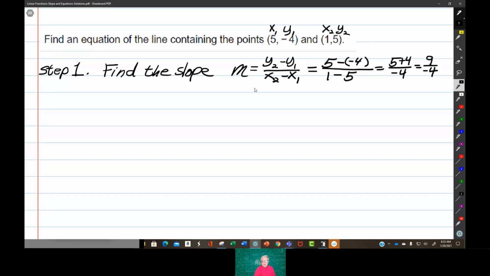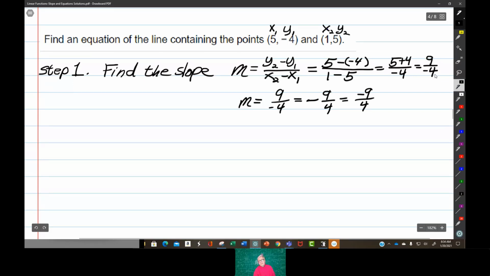Here's what you can do with it. m equals 9 over -4 is exactly the same thing as negative 9 over 4.